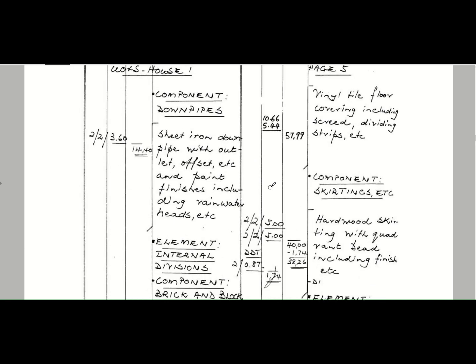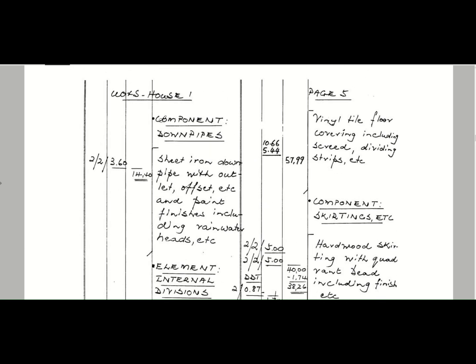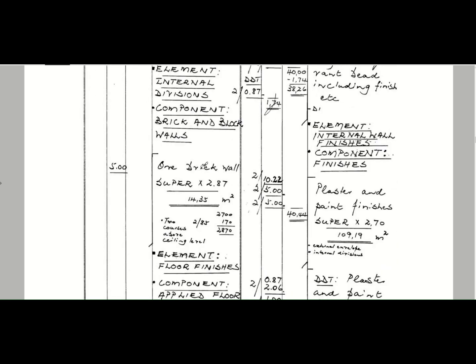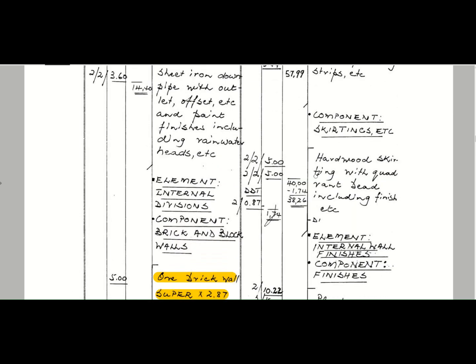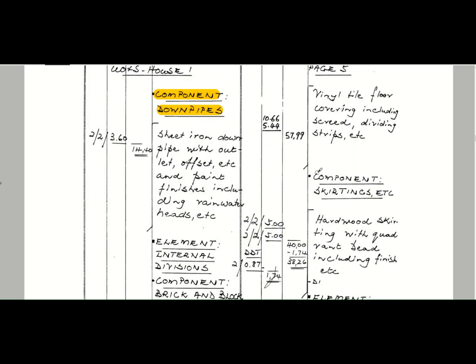Okay, and then you can see component downpipes. Your rainwater goods is measured here, and it continues like that. Your one brick wall superstructure. This is our interior wall, floor components, etc.